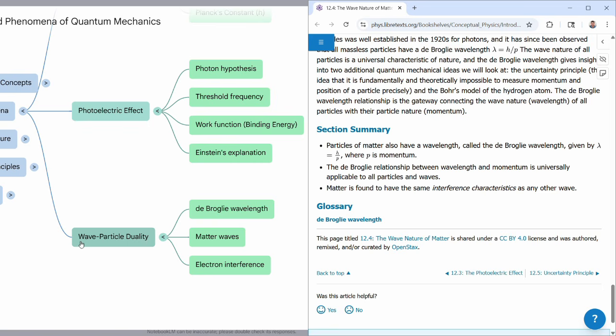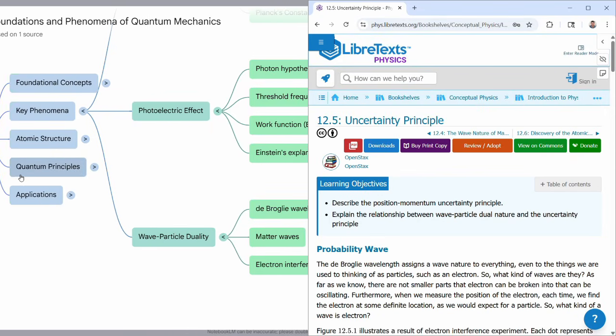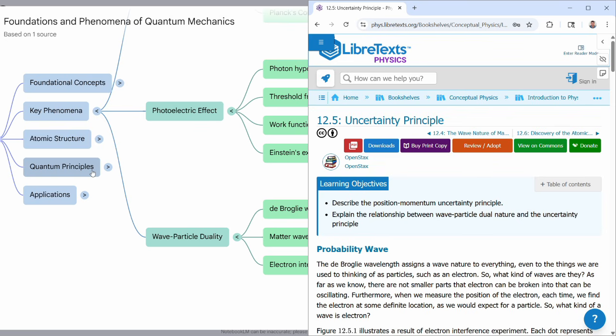Now, this wave-particle duality of both classically wave phenomena like light and classically particle phenomena like elementary particles, this duality leads to the uncertainty principle. And for some reason that's covered under quantum principles in this mind map, so let me get to that.